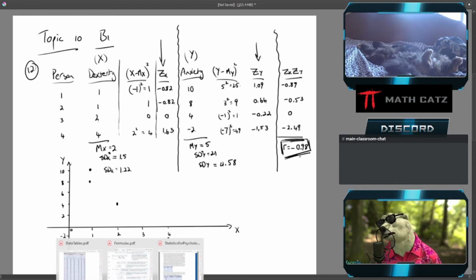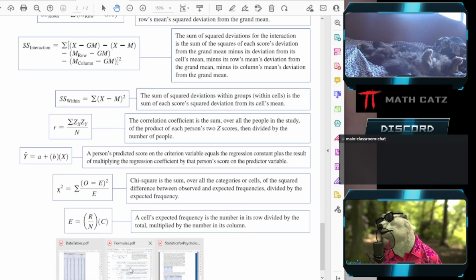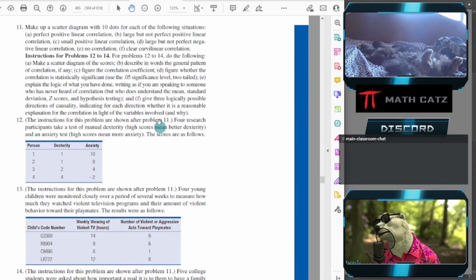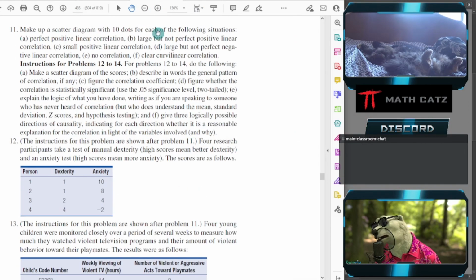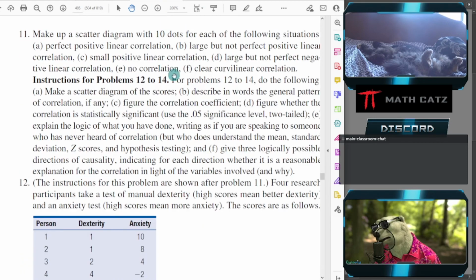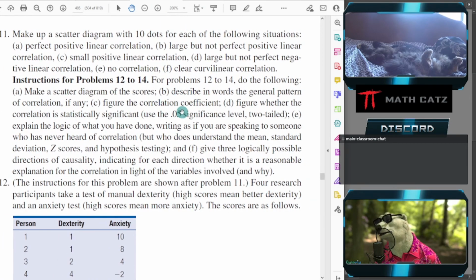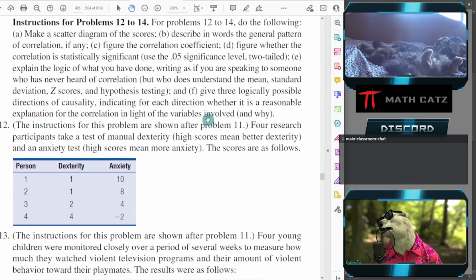So now let's go back to the question. Zoom in a little bit. There we go. So now I have to remember that that correlation coefficient is for my sample.